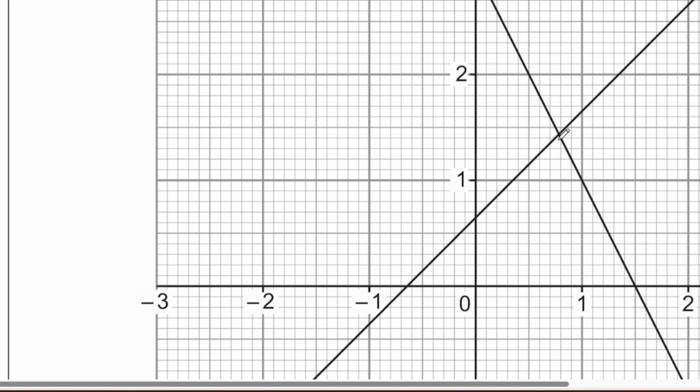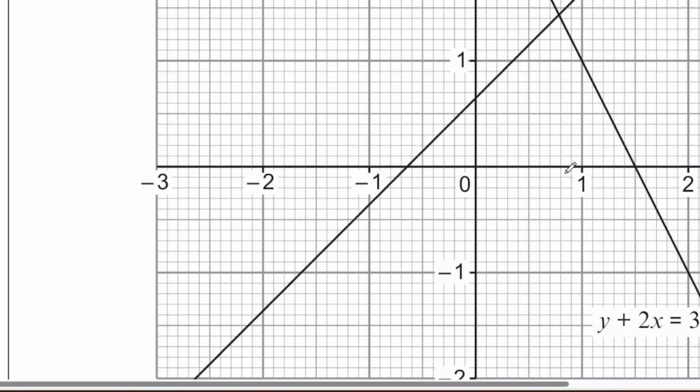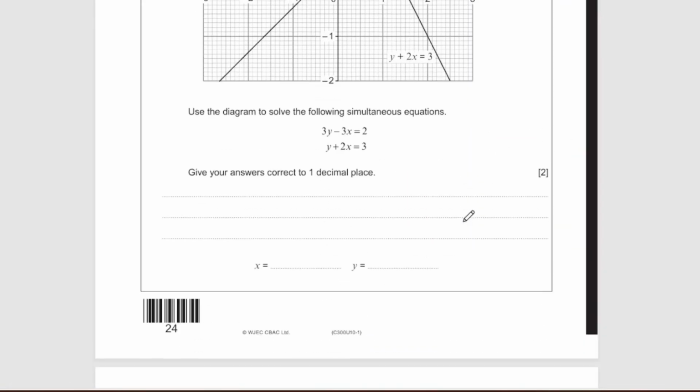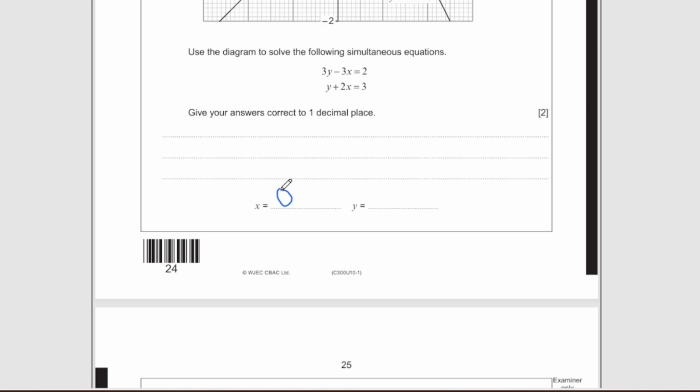If we look at the y-axis, it looks like it's going to round to here, so that would be 1.4. So 0.8 for x, 1.4 for y.